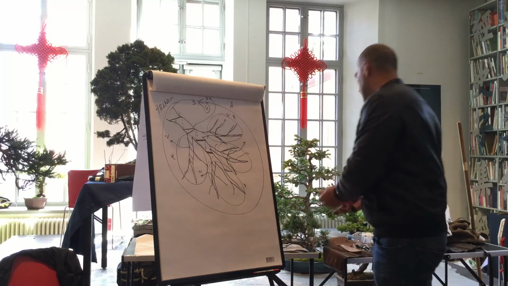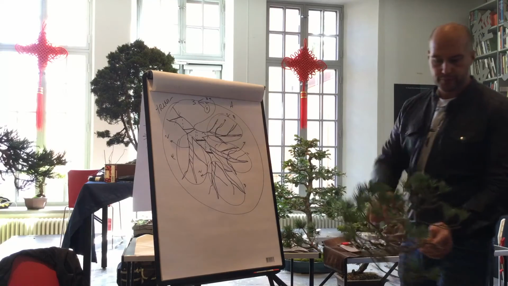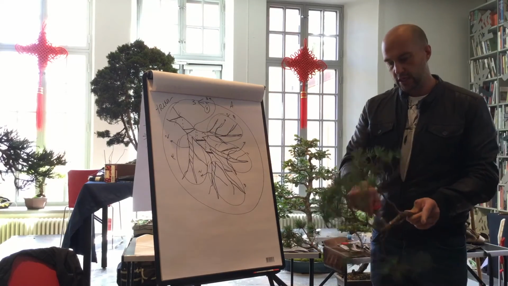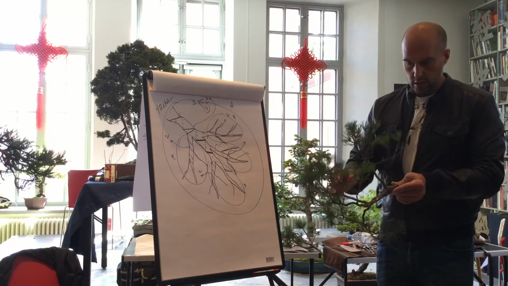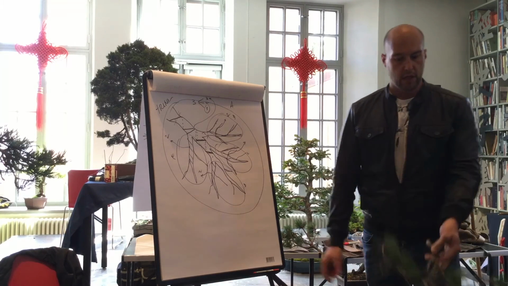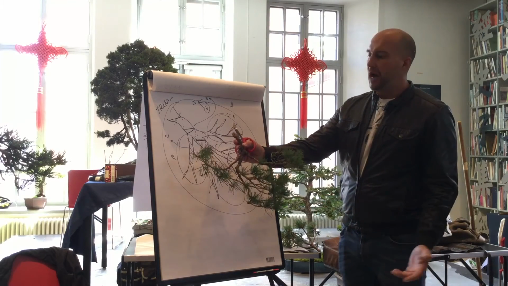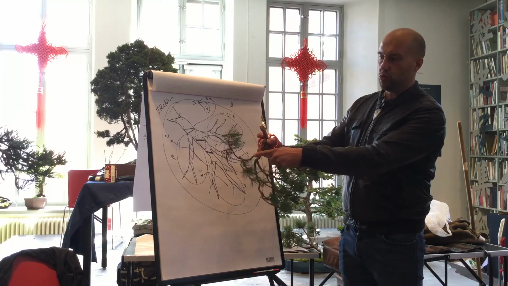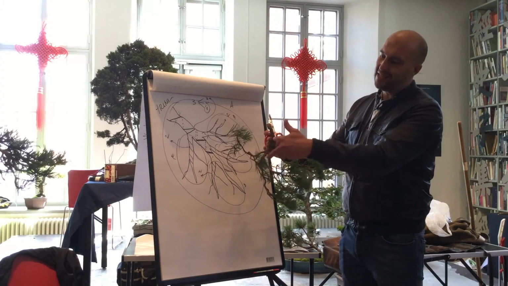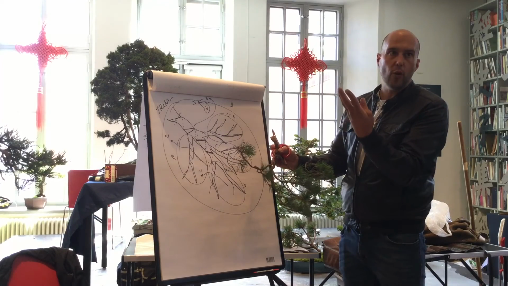Easy. So, if I take this branch, let's do just some cleaning so you can understand. So this can easily be the same branch, right? How many orders of ramification do we have? We have 1, we have 2, we have 3, and in this case we have 4. So I know that I have to use 4 wires.